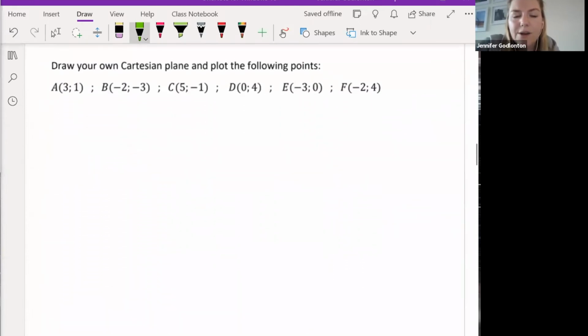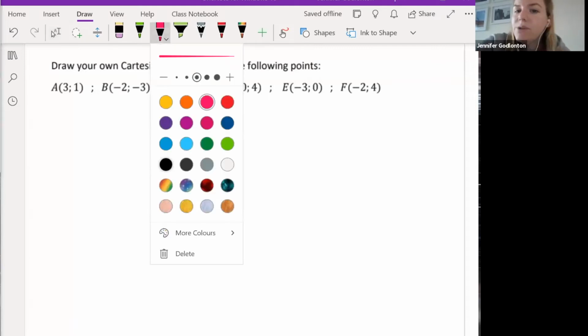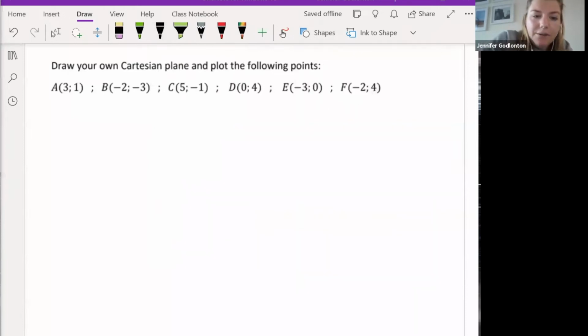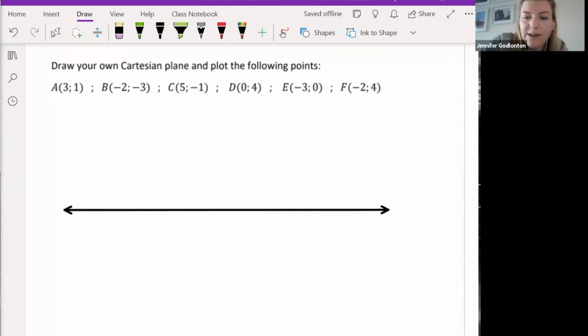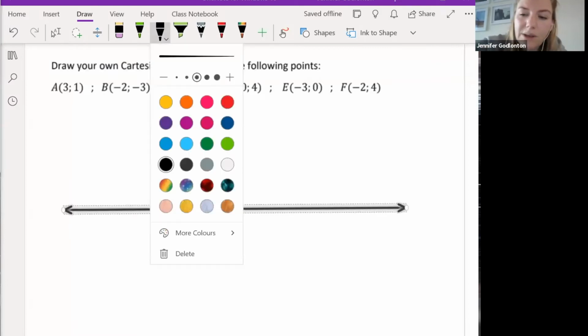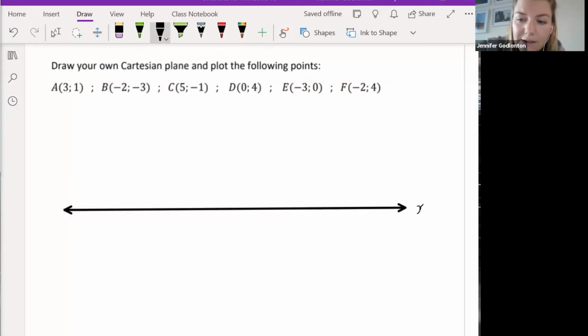Okay. So there's a few things that we have to do to make sure that we're doing this correctly. First of all, when we're drawing our Cartesian plane, and we always draw a Cartesian plane in pencil, you're going to want to get your ruler and draw yourself a nice straight long line, which is going to be your x-axis. Okay, and we're going to call it our x-axis.